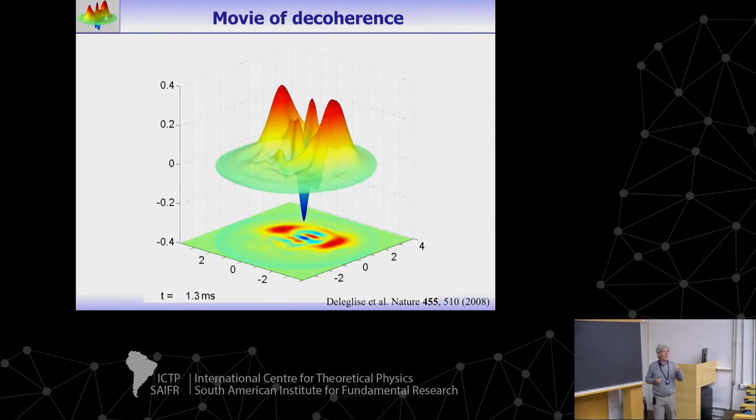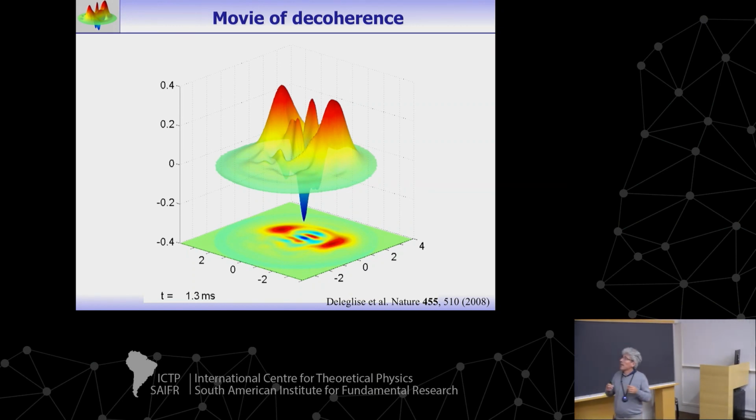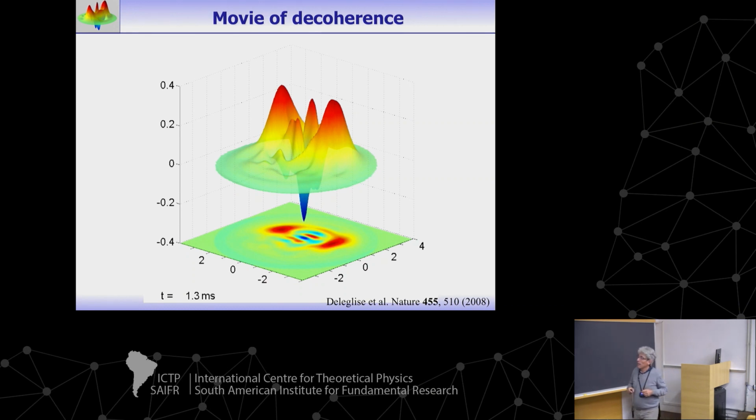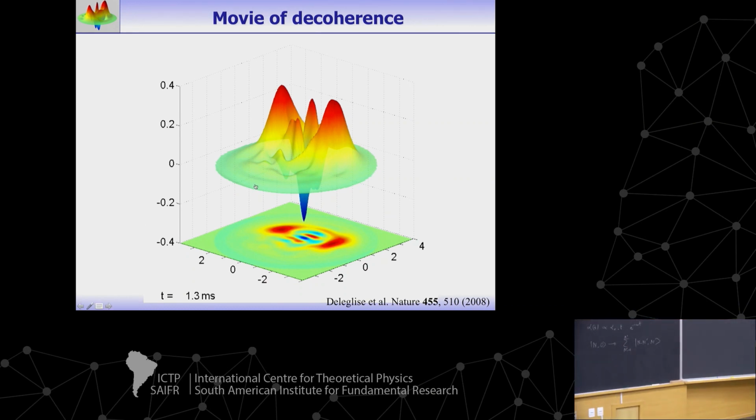Preparation is the detection of the first atom, which splits the phase and projects the field on the cat state, and then the measurements can be delayed to reconstruct the density operator after some delay. So here is the result, this movie of decoherence of a Schrodinger cat state.